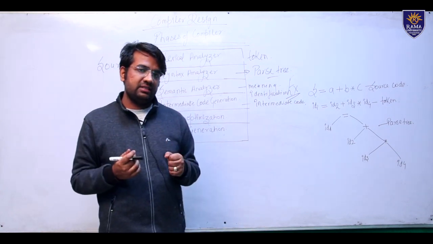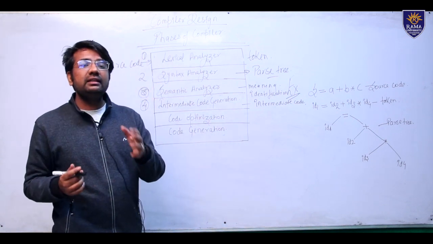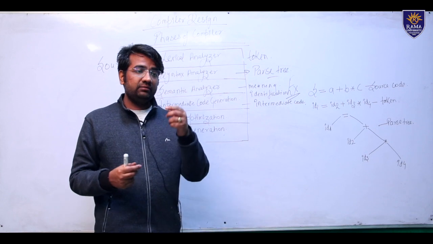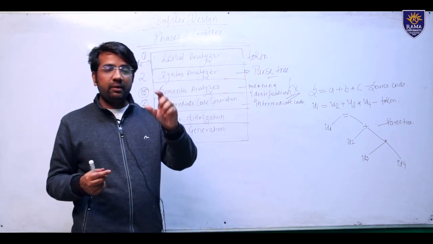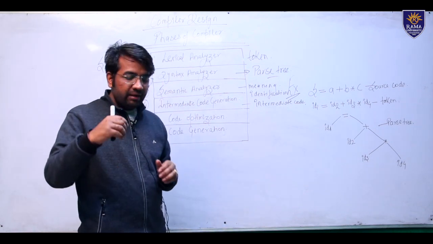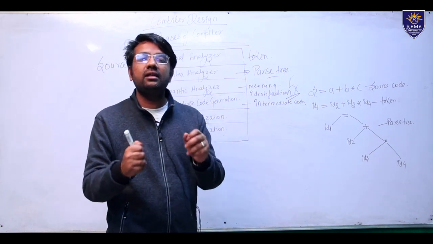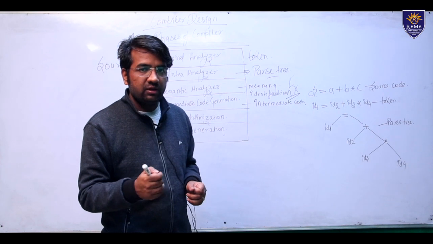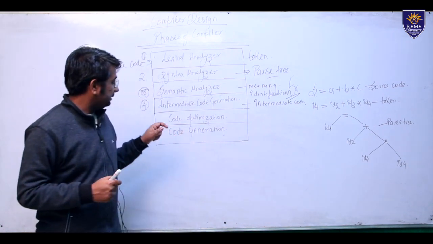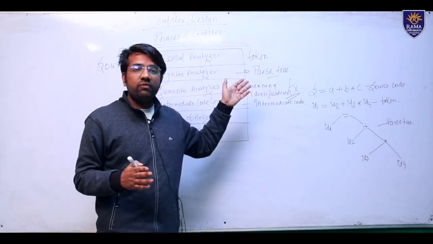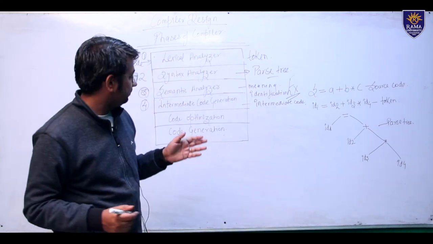One of the important reasons is to improve the size of the program and improve the time efficiency and space complexity of the source program. So this phase also increases the overall efficiency of the phases of the compiler.